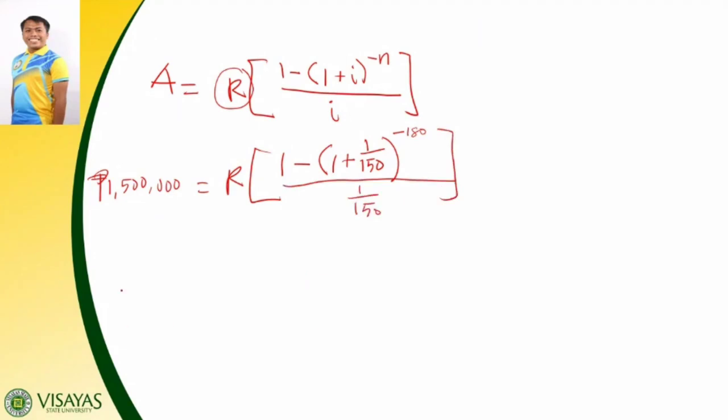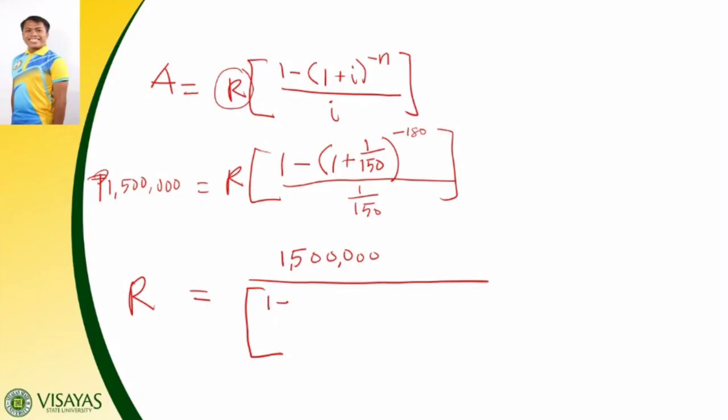Therefore, deriving our formula, R is equal to 1.5 million over the denominator, 1 minus 1 plus 1 over 150, raised to negative 180, over 1 over 150.